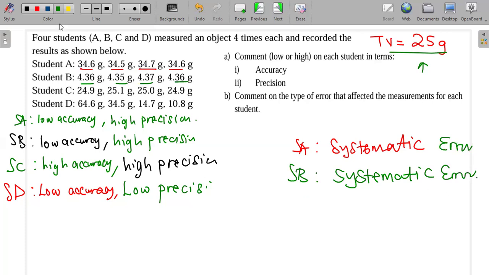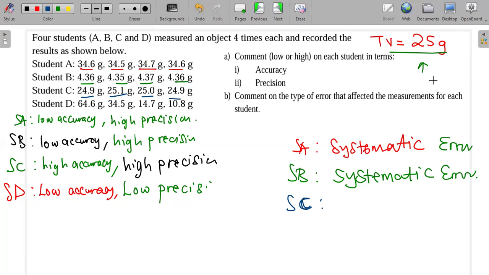And then we look at student C. So what error affects student C? For student C, you can see I have 24.9, 25.1, 25, 24.9. So the true value is 25. So this 24.9 is actually below the 25, and the 25.1 is above the 25.